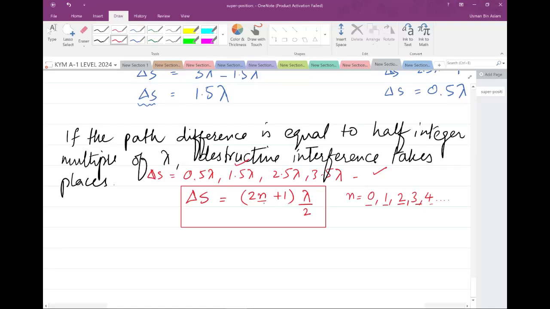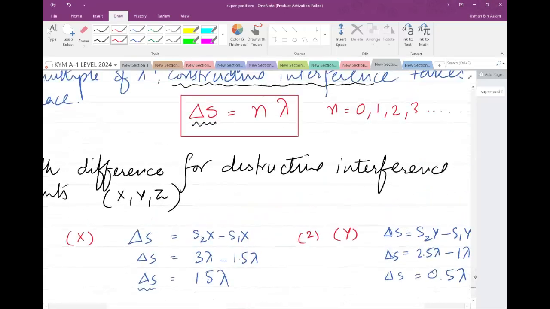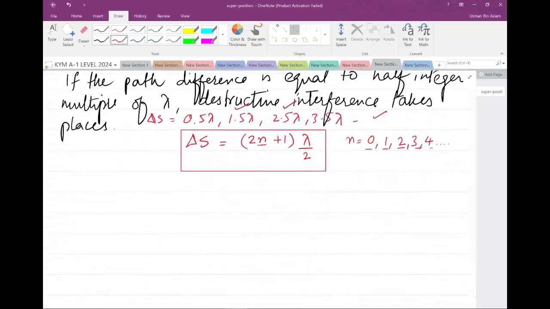If you place 2 in place of n, 2 times 2 is 4, plus 1 is 5. 5 times lambda divided by 2 gives you 2.5 wavelengths. So in case of destructive interference, the path difference is always going to be a half integer multiple of wavelength. If you have to check whether there is constructive or destructive interference, we are supposed to use these two equations. Are you with me so far?